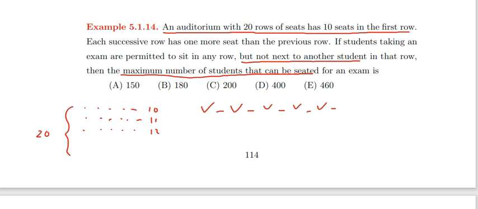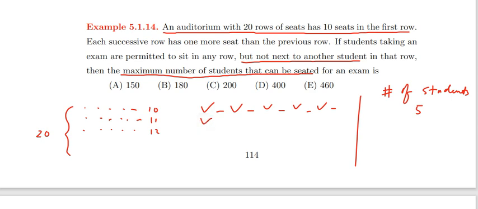So we have 5. So we say the number of students in the first row can be 5. So second one, 11, so we have odd.